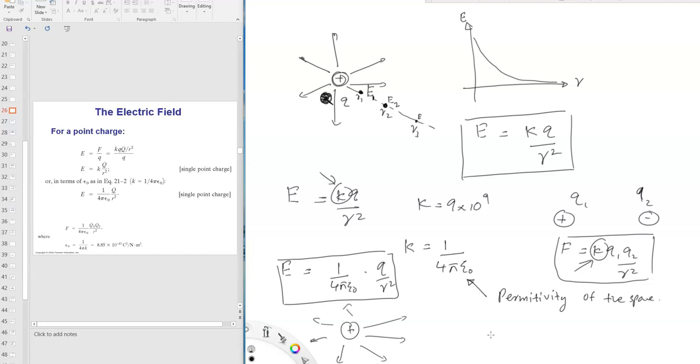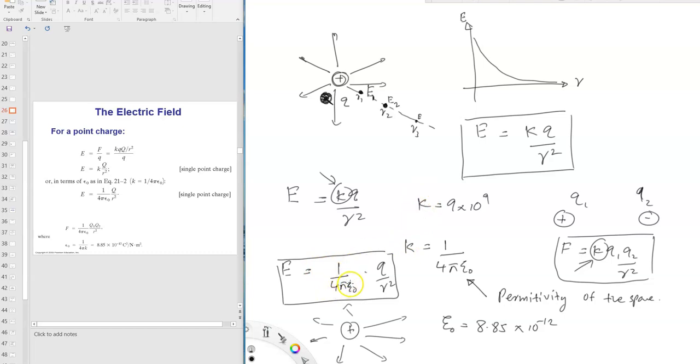The value of this number epsilon naught for free space, meaning the space without anything, like a good vacuum, is 8.85 times 10 to the negative 12. We will use this format later when we go to other topics, which is more useful than sticking with K, right?